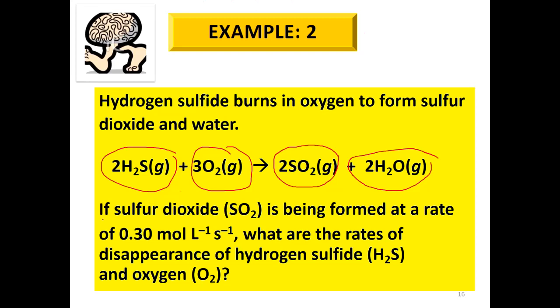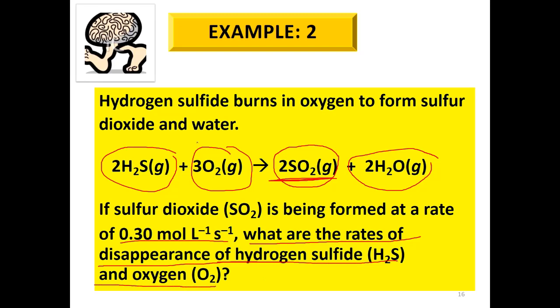The question is, if sulfur dioxide is being formed at a rate of 0.3, what are the rates of disappearance of hydrogen sulfide and oxygen?